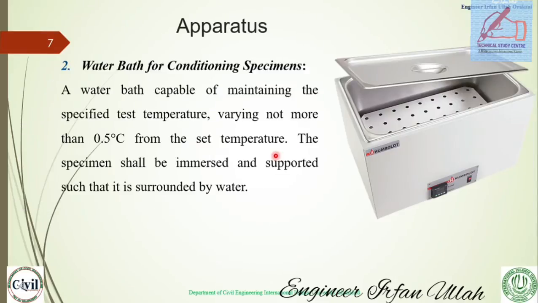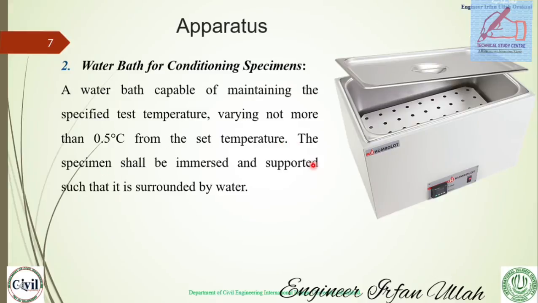The second important apparatus used in this ductility test is the water bath for conditioning specimens. Before testing, the specimen should be at the required temperature, and for that purpose the water bath is used. It is a water bath capable of maintaining the specified temperature, which is 25 degrees centigrade, varying not more than 0.5 degrees centigrade from the set temperature.